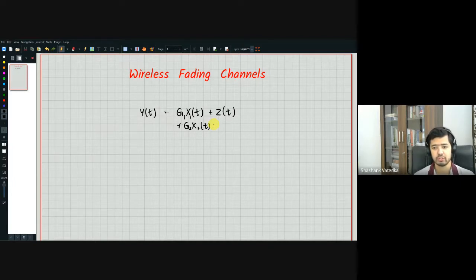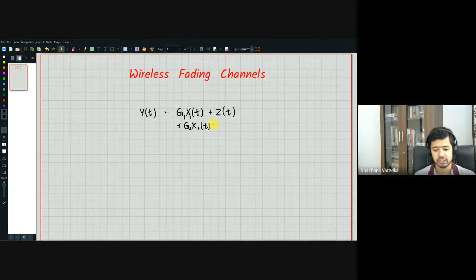So what kind of imperfections exist in wireless channels, and what kind of models these lead to, and depending on the kind of model you have, the behavior of the channel can be drastically different. So we'll see that in certain cases we can define a capacity, but in certain other cases it's not possible to even define the standard notion of capacity. Okay.